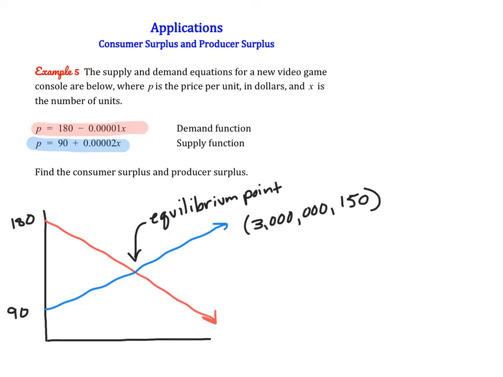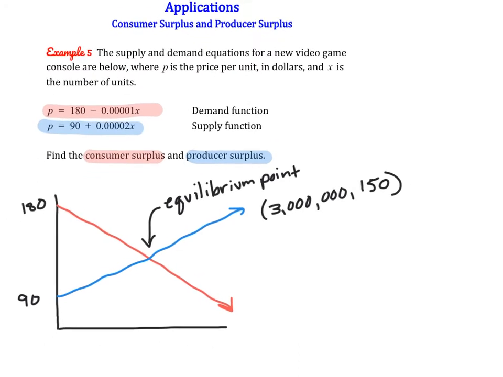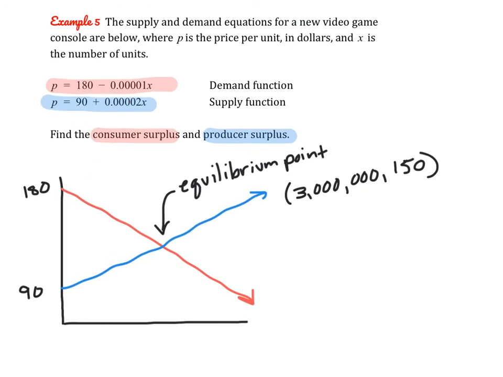Now notice for this problem, we don't want to know what is the equilibrium point. We want to know what's called the consumer surplus and the producer surplus. So this is actually going to occur in a very specific region. So the first thing you're going to do is make a horizontal line that goes through your equilibrium point. So we know that this line is just y equals 150.